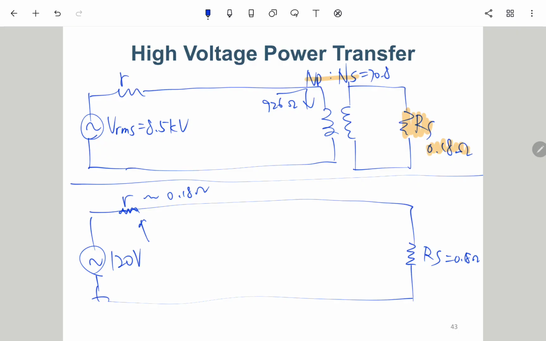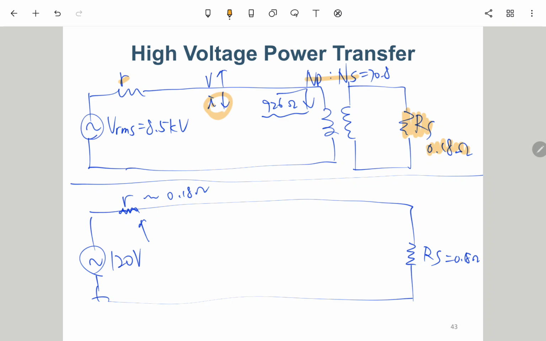So that's why we need to transfer the power with high voltage. In this case it has high impedance, which means the voltage is high and the current is low. The power dissipation for the wire will be I squared R, so if we have a low I, then the power consumption by the wire will be low.